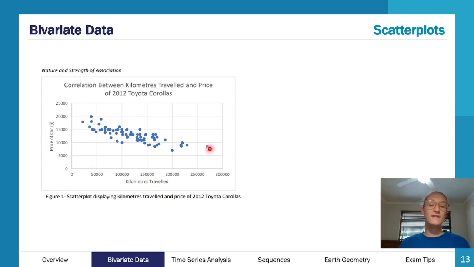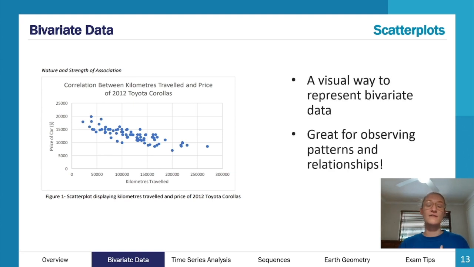So this car, for example, has driven about 265,000 kilometers, and it costs approximately $9,000. If I was going to check exactly, I could, but just by having this scatter plot, we can read off it and get a lot of information.